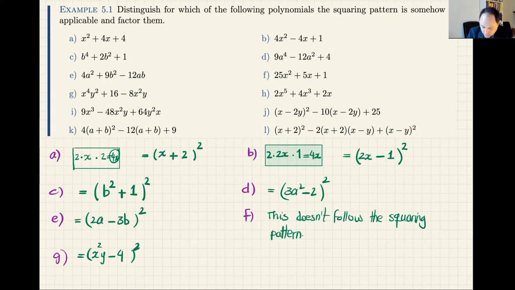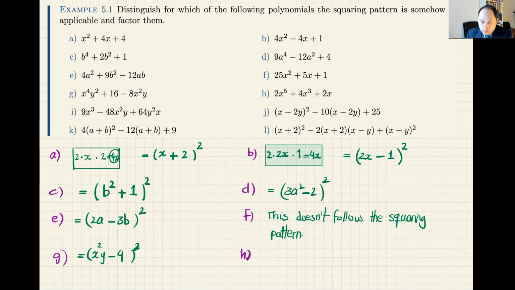So what do you think about part H now? Well, I couldn't find the pattern in it. Yeah, a squaring pattern. I did it, but I'm not sure if it counts. Like I couldn't get it all in the same bracket.